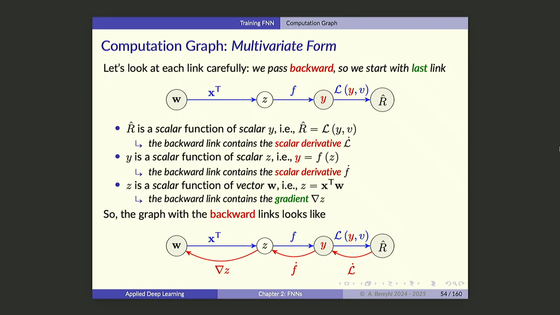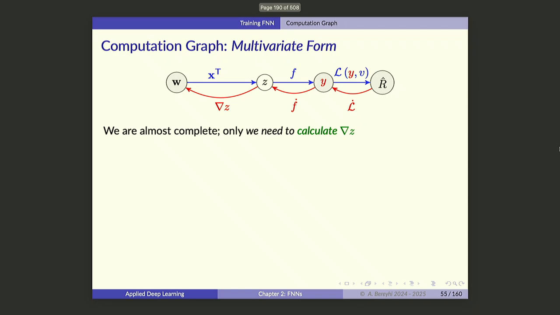OK. z is given in this form, x transpose w. So I can simply write it down. z is the inner product of my weights and my x, right? Correct? Now, if I want to compute the gradient of z, how can I do it? I'm going to say that the gradient of z contains, the first entry is the partial derivative with respect to w0, right?